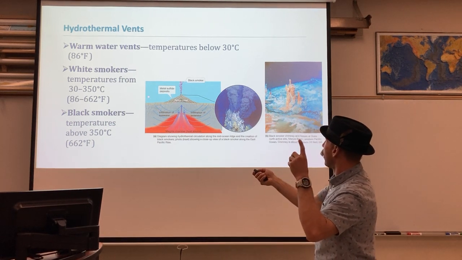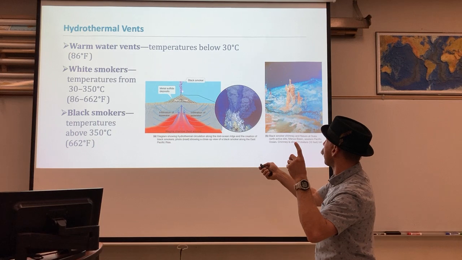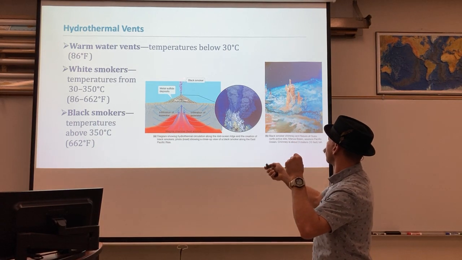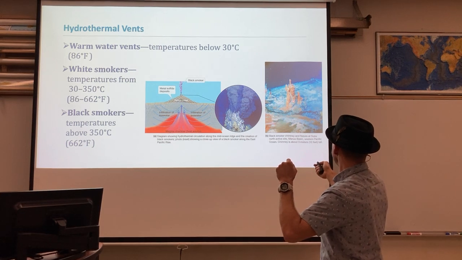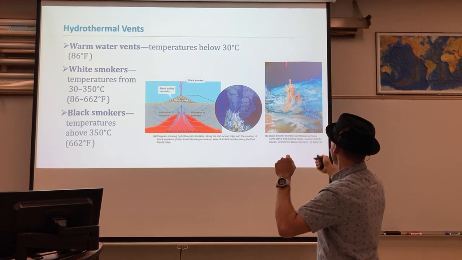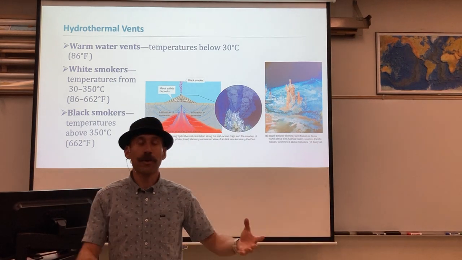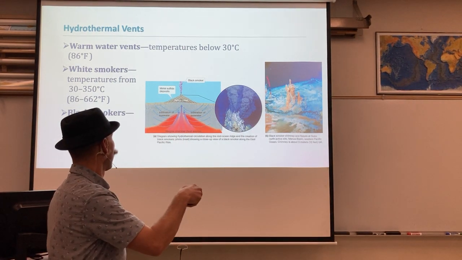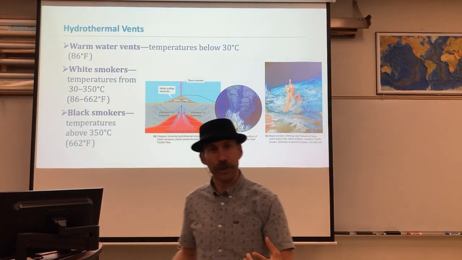Now, how do these work? Seawater infiltrates into the magma chamber, it heats up, and then it moves out in these different types of hydrothermal vents, depositing different features and then emitting all kinds of nutrients back into the water. So in essence, these hydrothermal vents are like the kidneys of the ocean.